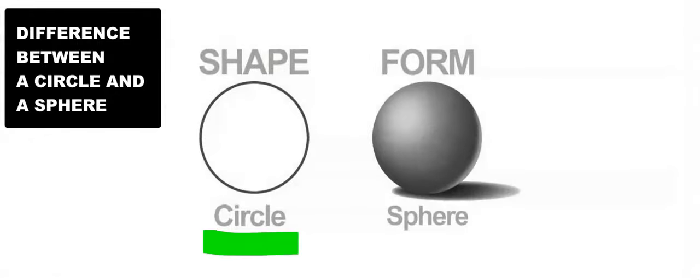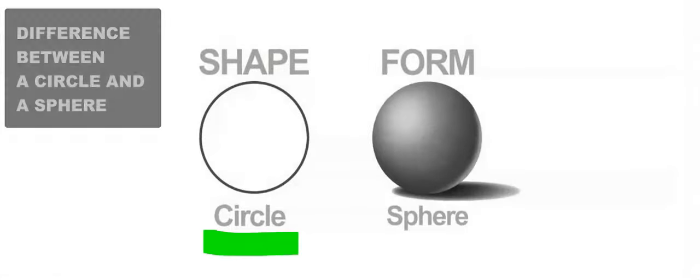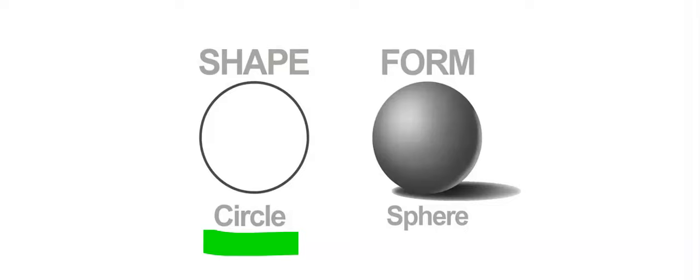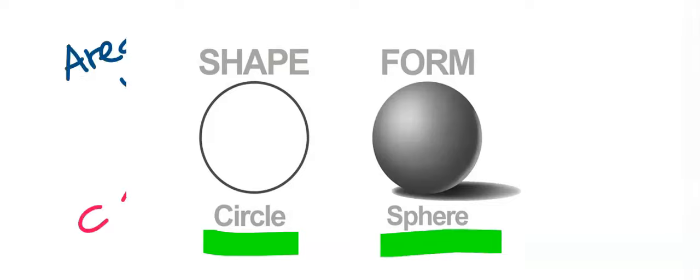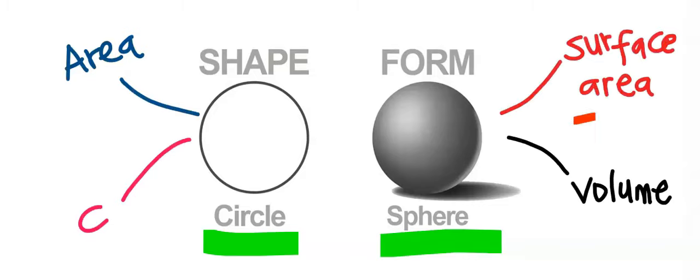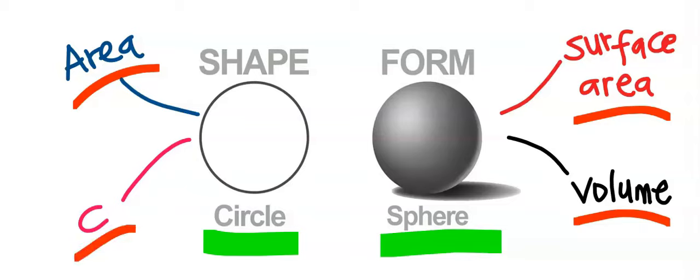A circular round plane figure, when extruded uniformly, can form a three-dimensional sphere. A sphere has surface area and volume, unlike a circle that has area and circumference, which is known as the perimeter.